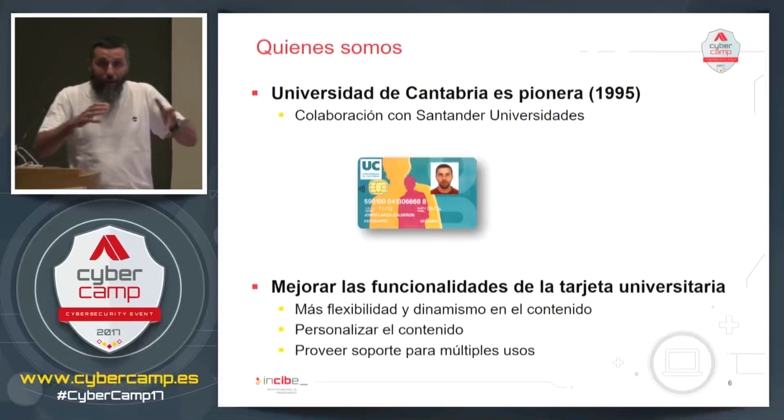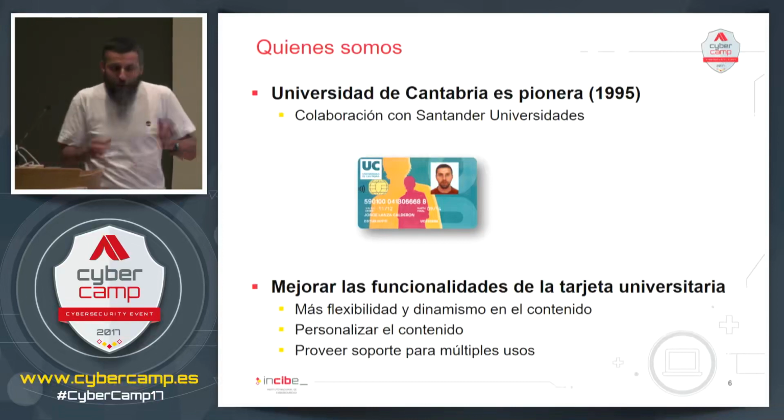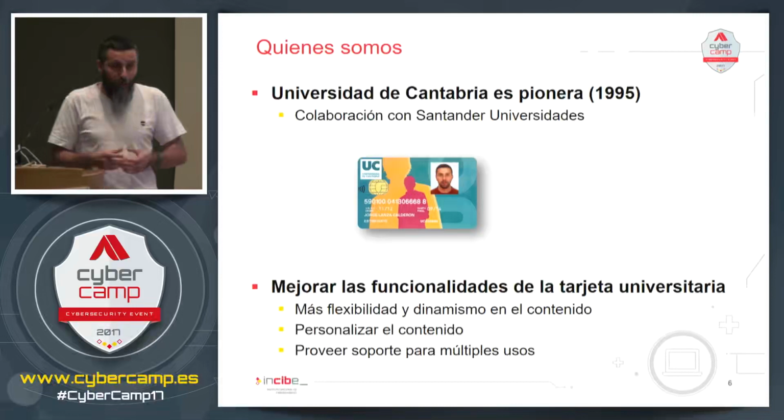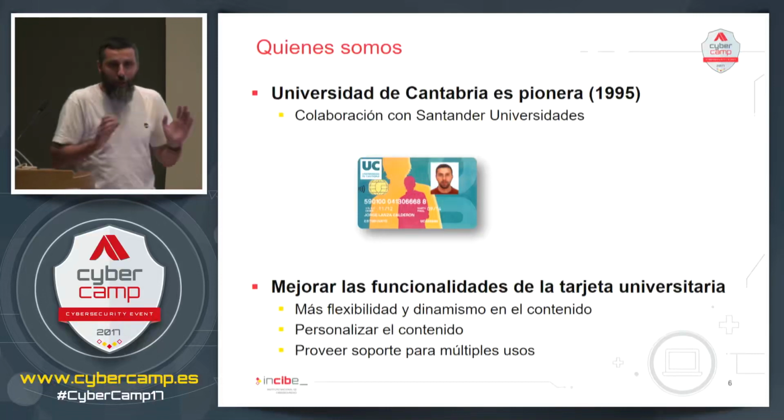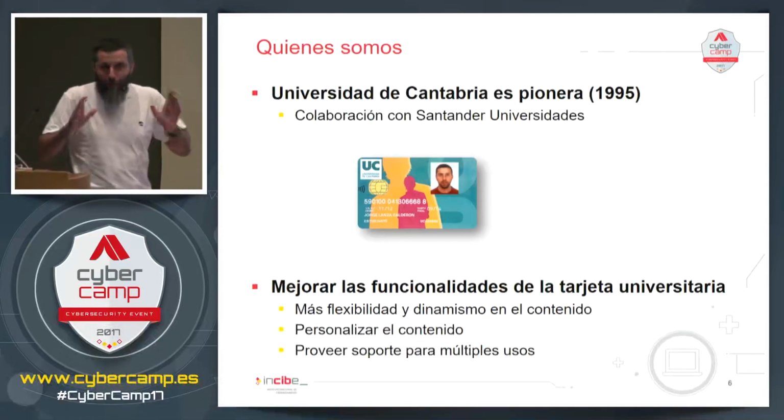In the past, we had a different system. In some other universities in Spain, there was a specific system. What we did, we had a piece of paper with a photo, with a name, and then a stamp. That was it.